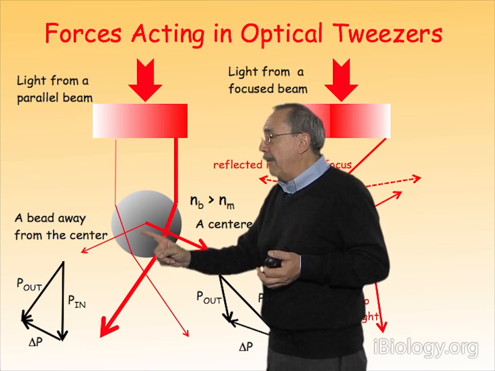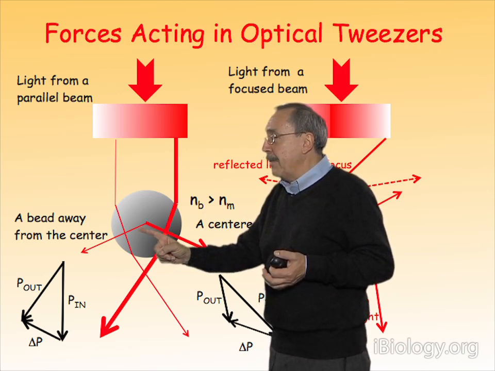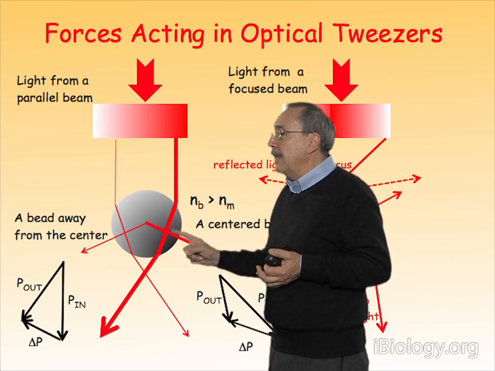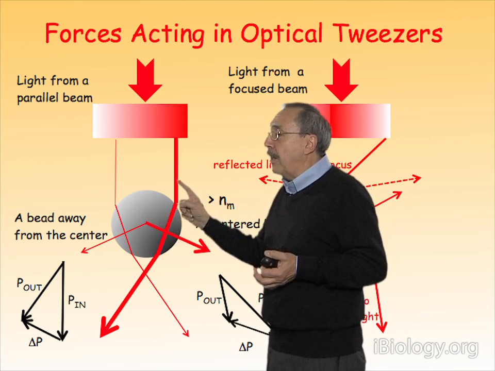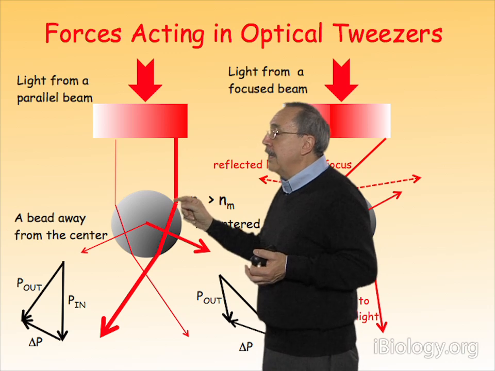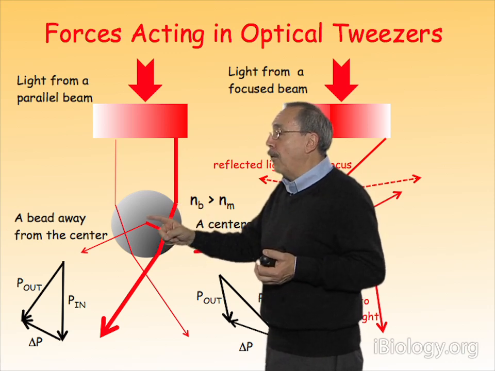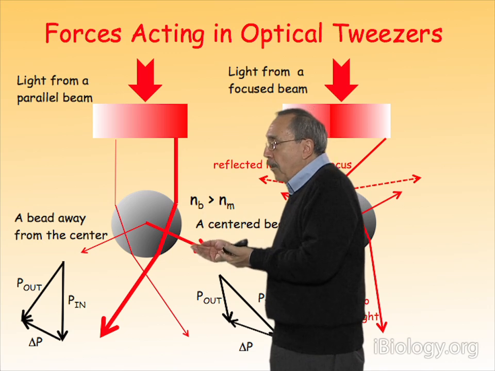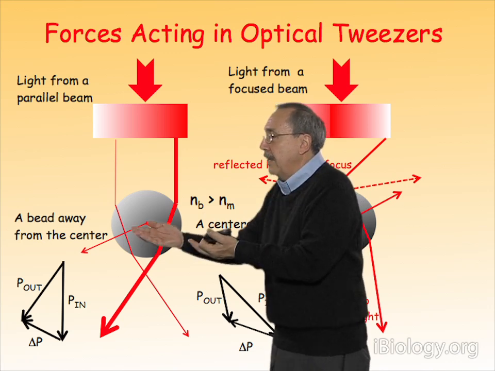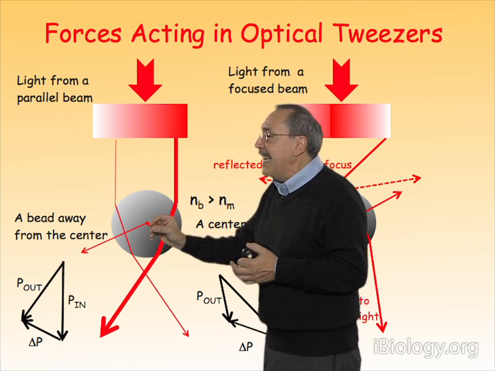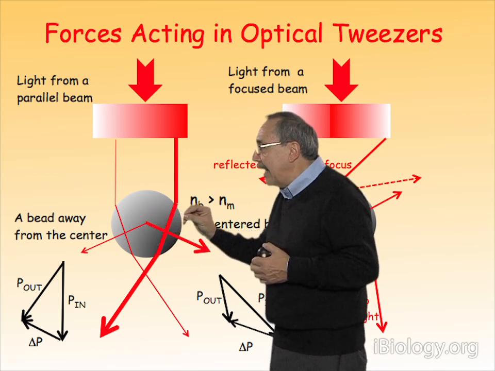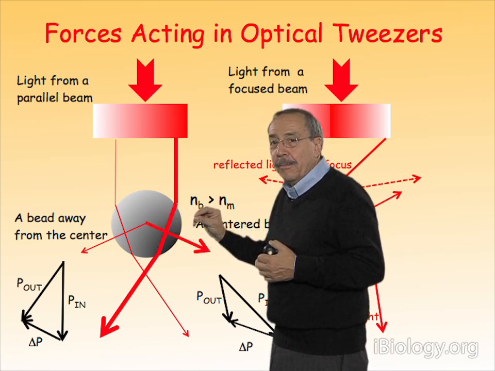So notice, you have this force that appears due to the peripheral beam, and then you have this force that appears due to the central beam rays. And you can see that the net force is going to be essentially in this direction, because there are many more photons coming this way than coming that way. So the net force is to grab this bead and center it towards the center of the beam.